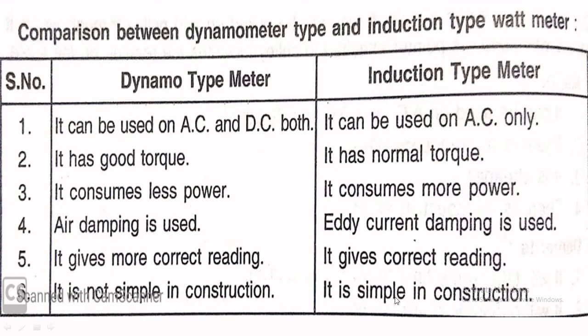In dynamometer we use both current coil and pressure coils, whereas in the induction type we use shaded pole rings. This is also one of the important questions. With these comparisons, at least one question will come in your examination. So go through this topic twice.